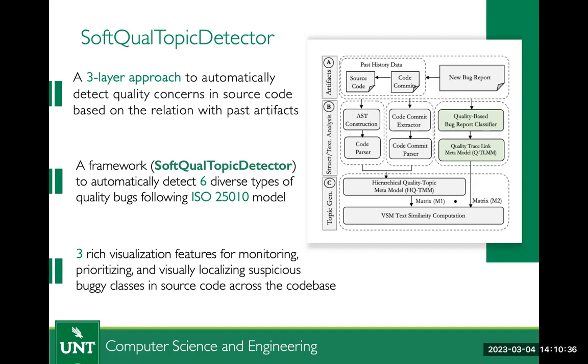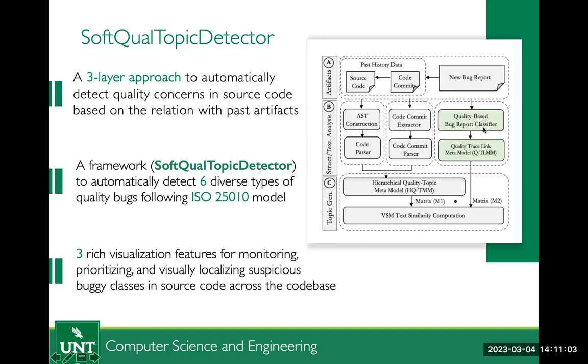For the code commits, we extract them from GitHub and parse that information into a readable format. As you know, not all code commits are very clean, so this part is necessary. We are also using third-party tools to facilitate the process.